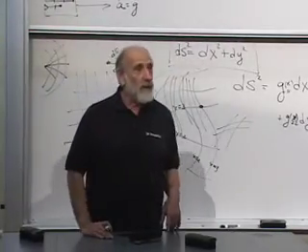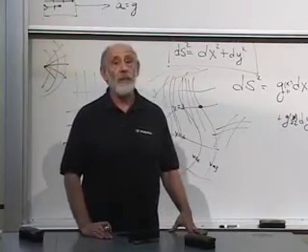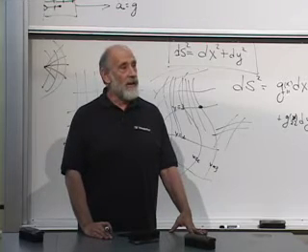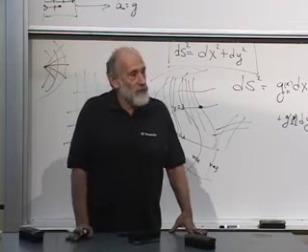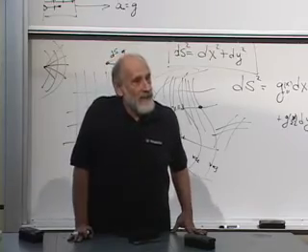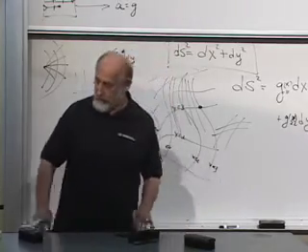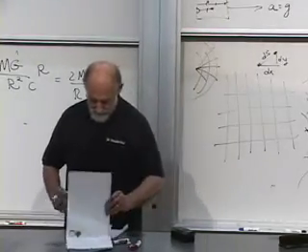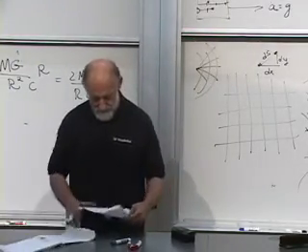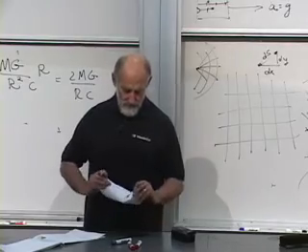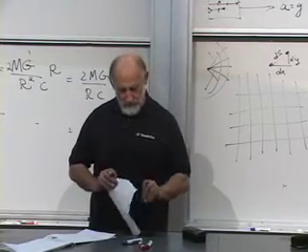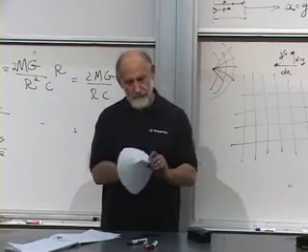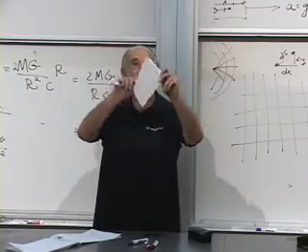What about a cone? Yeah, a cone is flat everywhere except at the tip, because you can always take a cone. There's a cone, right?